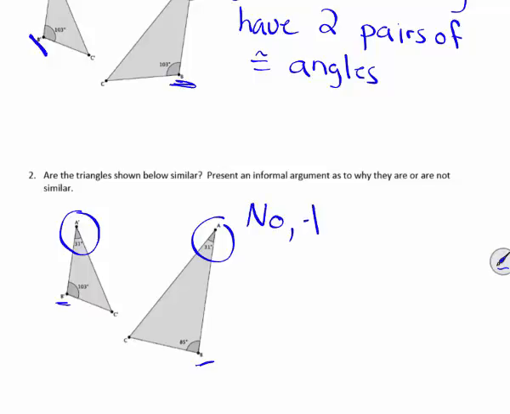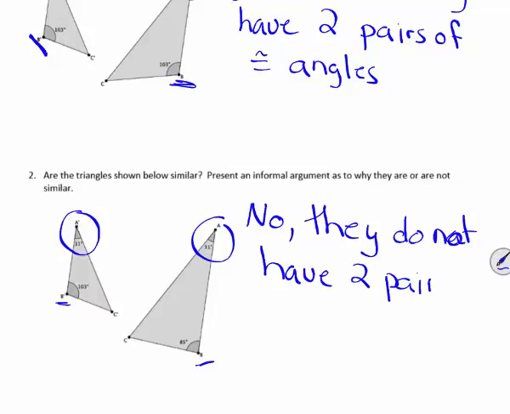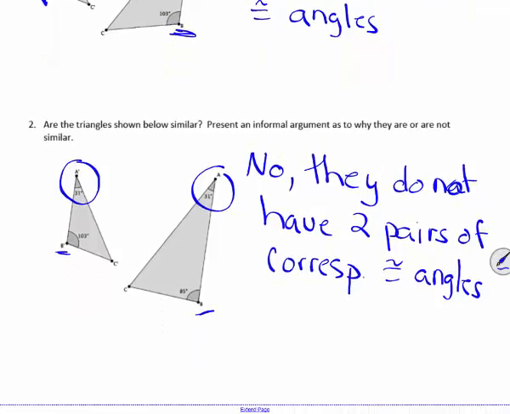No. They do not have two pairs of corresponding congruent angles. All right, so far hopefully pretty easy. You're looking at the angle measurements. If they're the same, they're similar. If they're not, they're not.